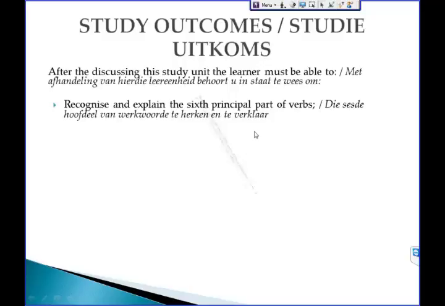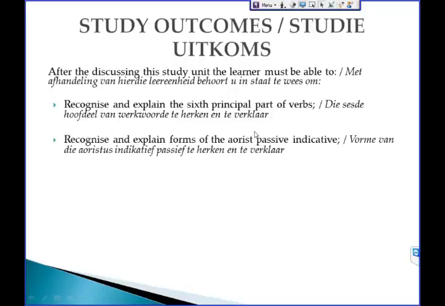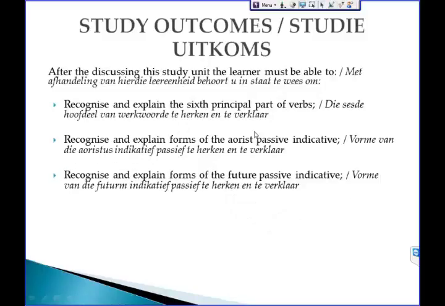Okay. And secondly, we will also look at the forms of the aorist passive indicative. We have to recognize and explain them. And then also recognize and explain the forms of the future passive indicative. Like I said, this is something that we skipped in the previous lessons. Now we just have to fit it in.